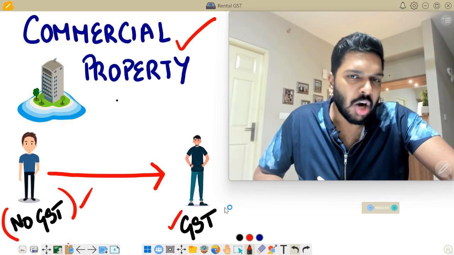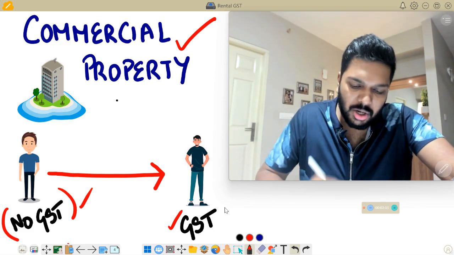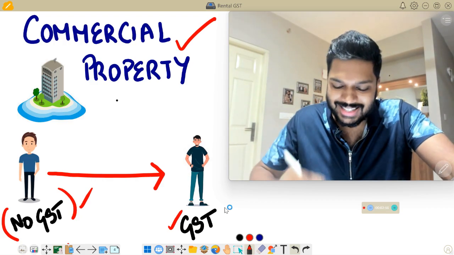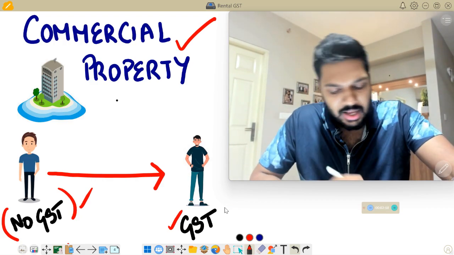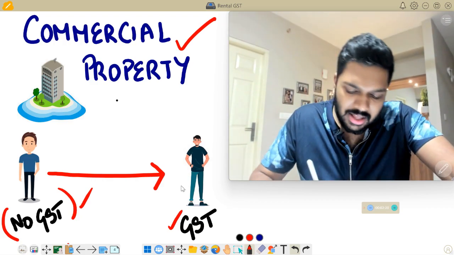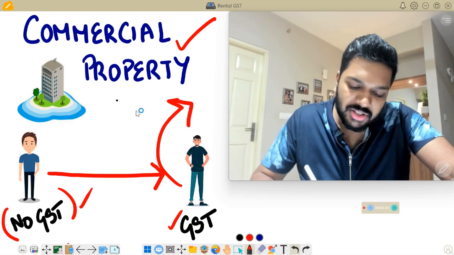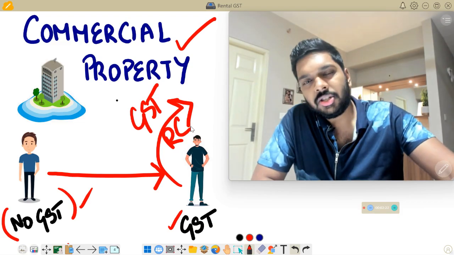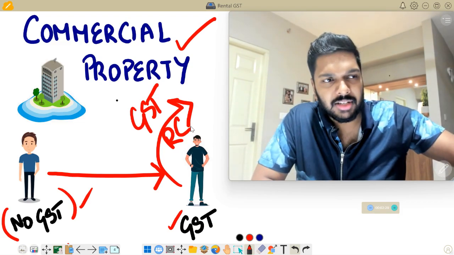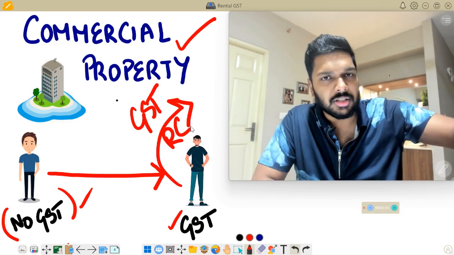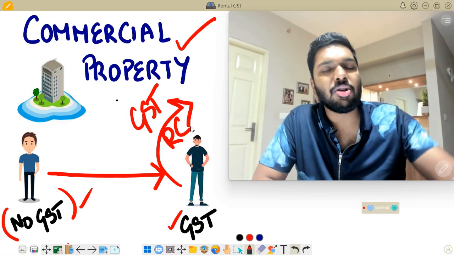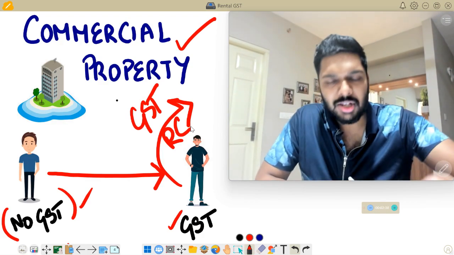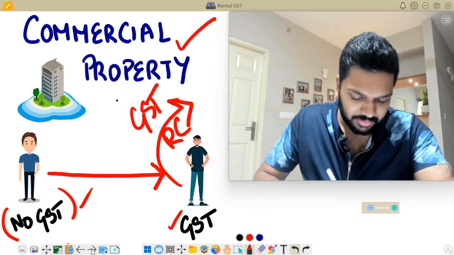In this case, what the government says is that because these pertain to rental services in respect of commercial property and the tenant is registered under GST, while the landlord does not have a GST registration, the tenant is directly liable to pay GST to the government on something called reverse charge. Reverse charge is the opposite of forward charge. It is a situation where the person receiving services, in this case the tenant, is liable to pay GST to the government. So this is a unique case wherein the recipient, or the tenant, is liable to pay GST.